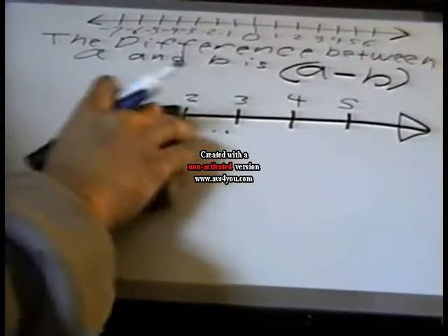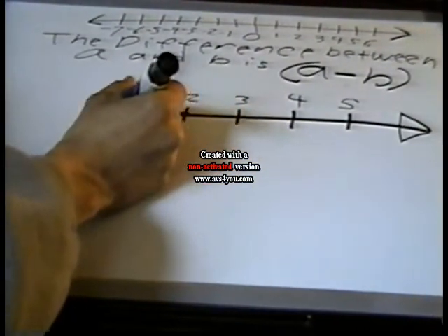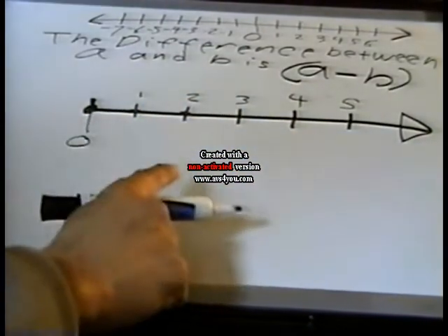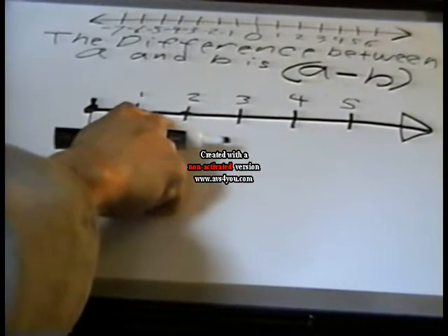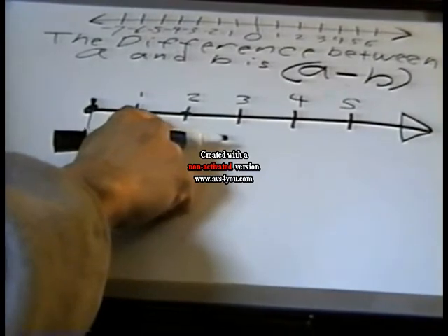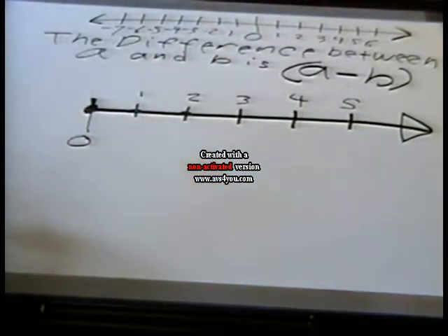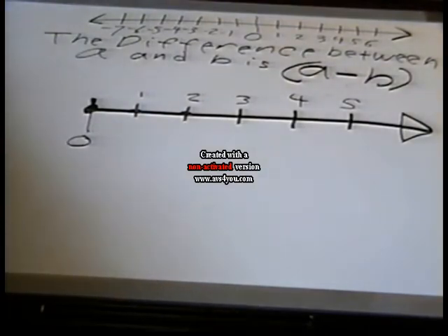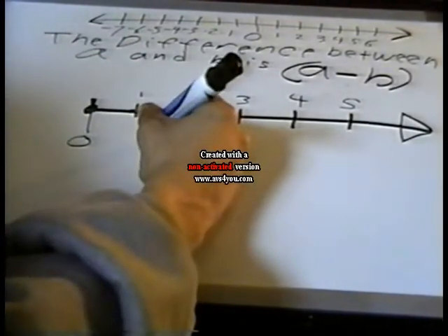the sum is the total space from 0, meaning if we add 1 and 2, one plus 2 is equal to this space from the first marking from 0 or 1.